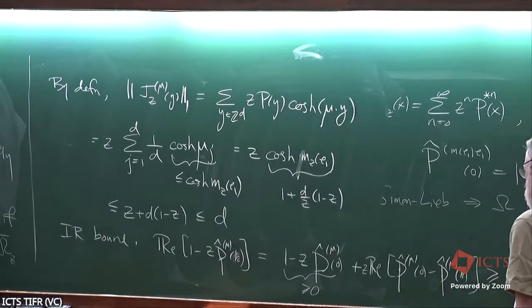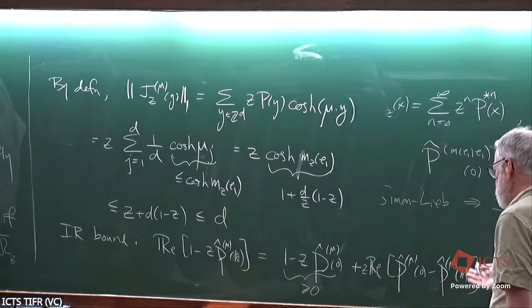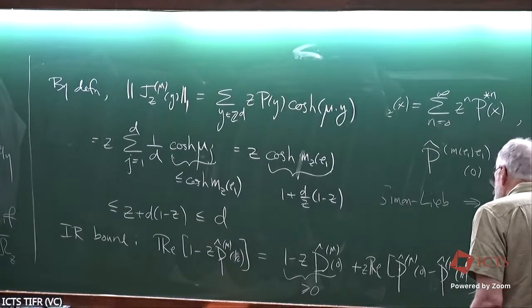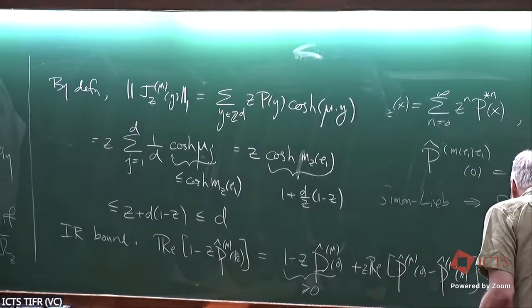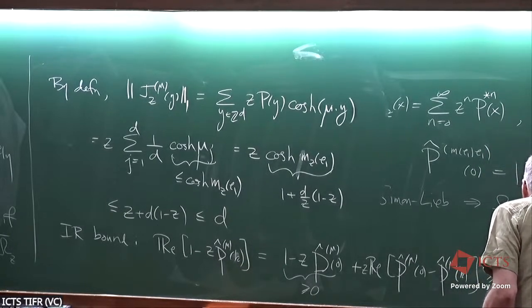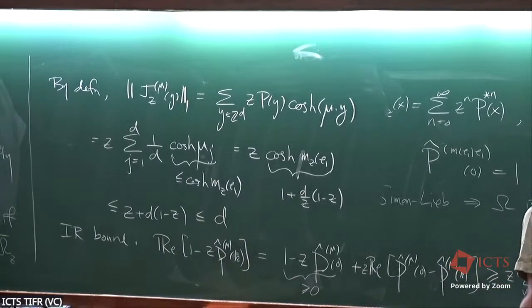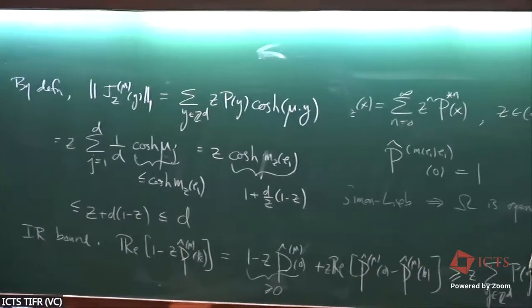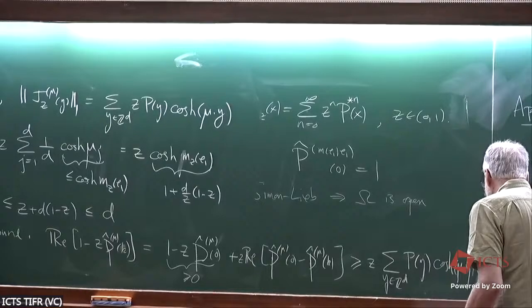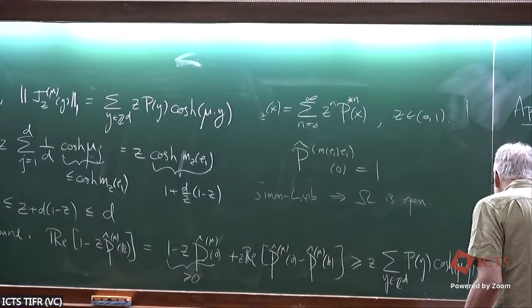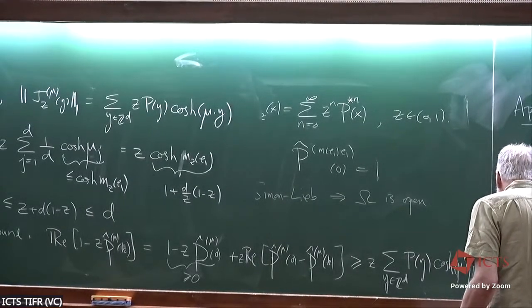The anti-symmetric parts are going to cancel. So you have Z, and what it turns out to be is the sum over Y in Z^D of P of Y times the hyperbolic cosine of mu dot Y. And then we've got the Fourier transform part, which is this.